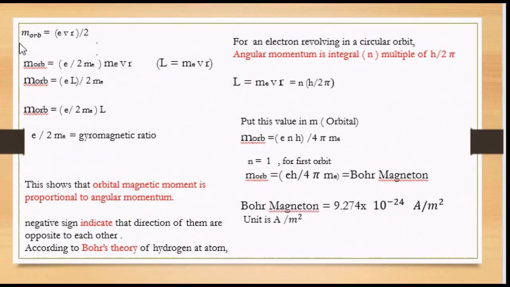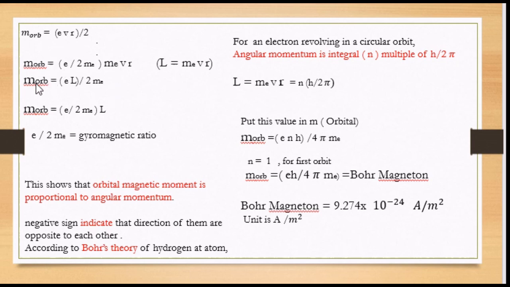Hello students. Now the orbital magnetic moment is e v r by 2. Then if you multiply the numerator and denominator by m_e, which is the mass of the electron, this equation will become orbital magnetic moment is equal to e upon 2 m_e into m_e v r. Here m v r is the angular momentum, which is denoted by L. Replacing this with L, this becomes e L upon 2 m_e.